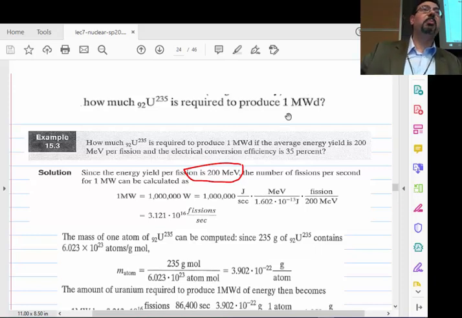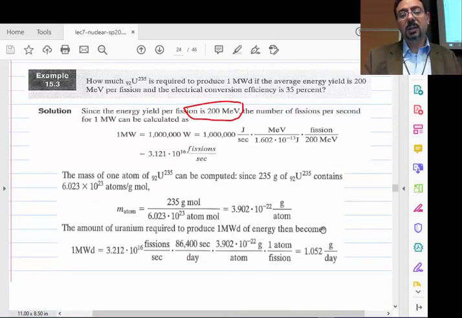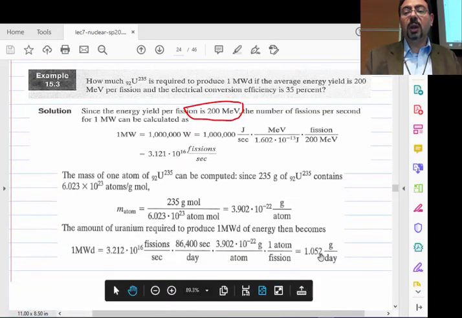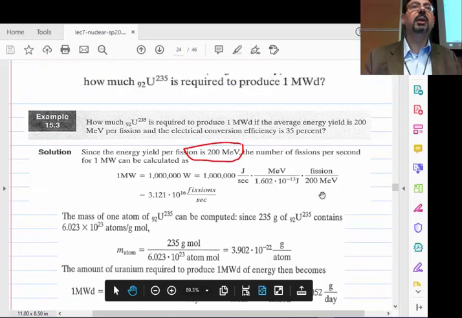Alright, so a big power plant like Jinx power plant, which generates almost 900 megawatt, right, 450 and 450, let's call it 1 gigawatt. So it requires 1 kilo. So 1 gram will generate 1 megawatt-day.